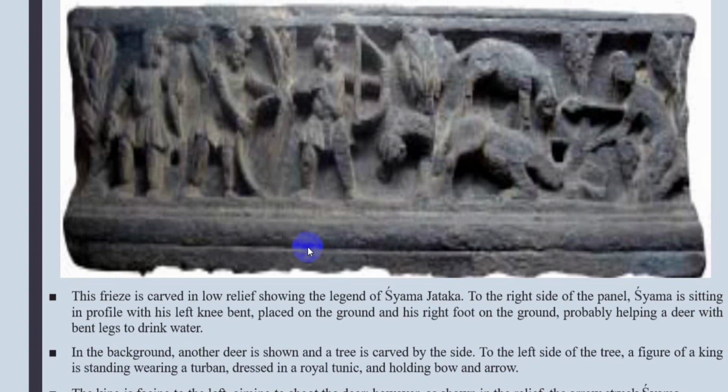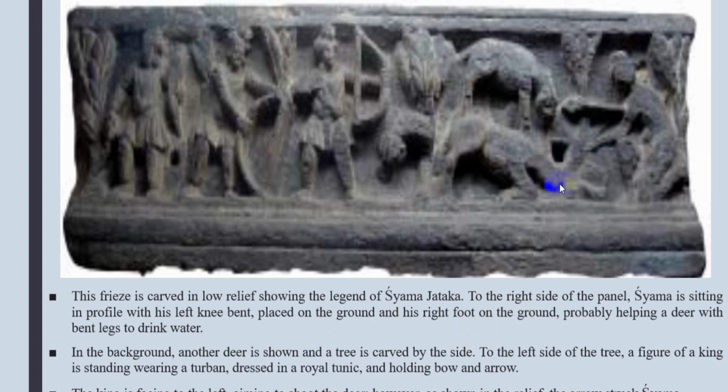This is the first panel that shows the story of Shiyama Jataka, and the frieze is carved in low relief. To the right side of the panel, Shiyama is sitting in profile with his left knee bent, placed on the ground, and his right foot placed on the ground, probably helping a deer with bent legs to drink water.